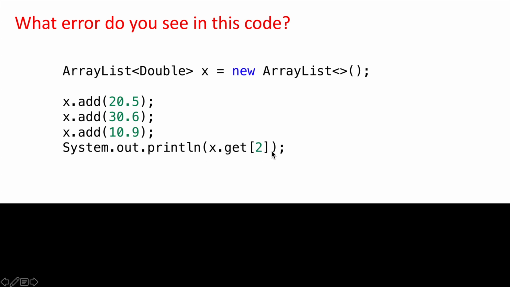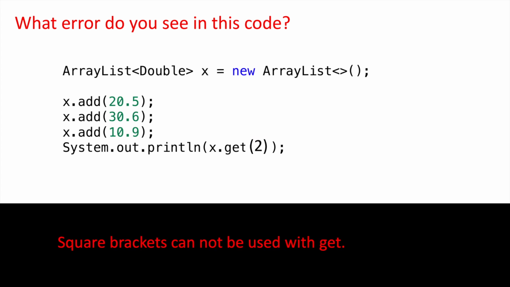Where do you see the error? Remember, we said get is a method that requires a normal bracket, not a square bracket. So you should replace this one with a normal bracket. It's not a square bracket. It's a method, and the method uses a normal bracket, not a square bracket. So that's the issue you have.